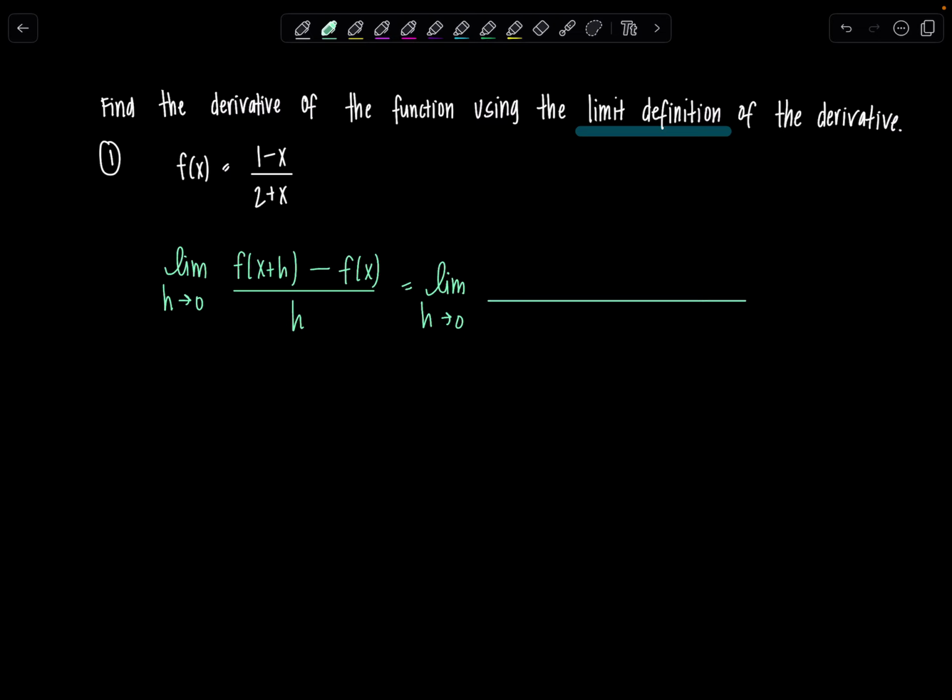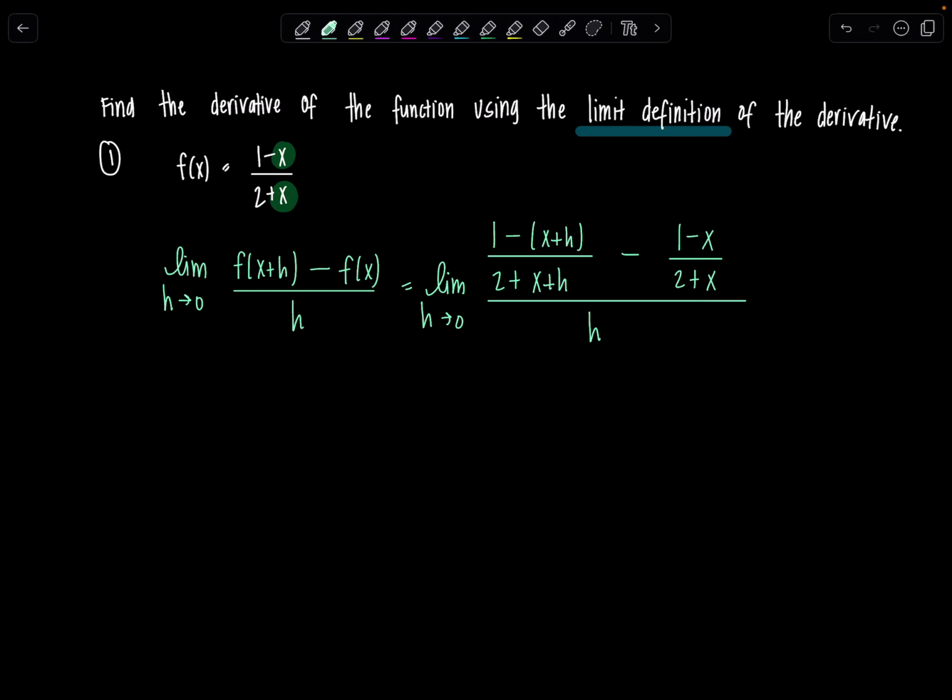This is always the tricky part for students. F of x plus h. Everywhere you see an x, you're going to write x plus h. So this would be 1 minus x plus h over 2 plus x plus h. So that's f of x plus h. Minus f of x, that's 1 over x, over 2 plus x, all over h.